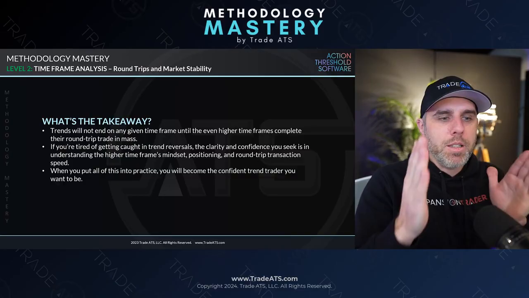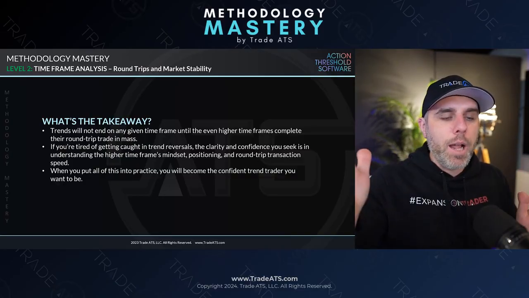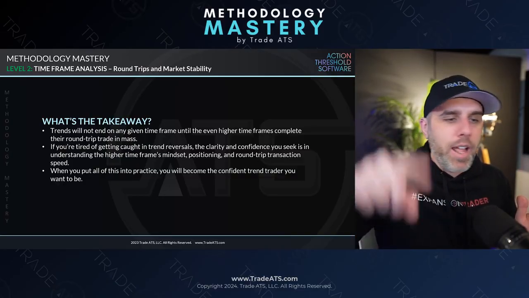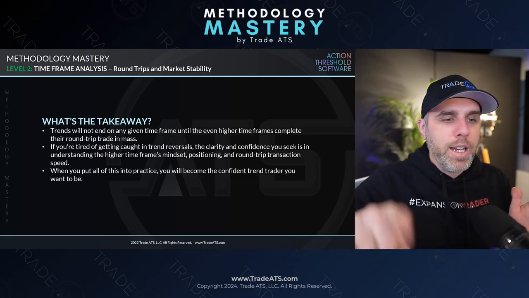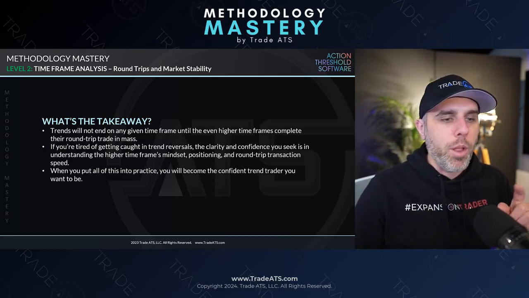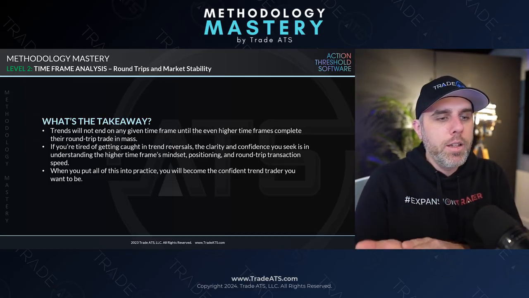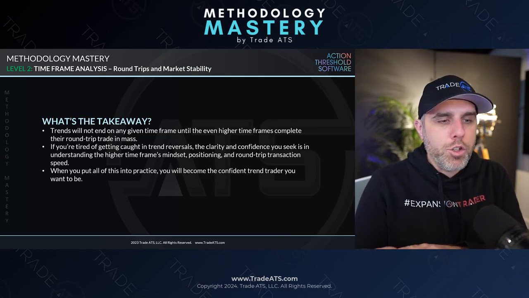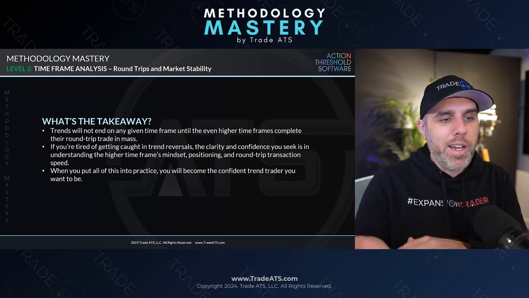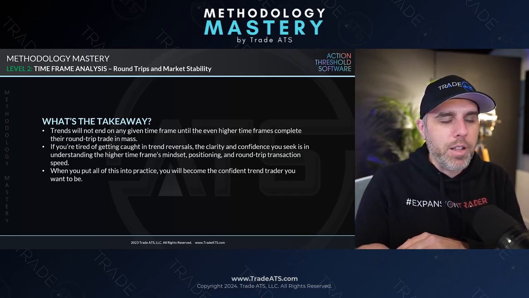We want to be in the midst of the round trip on the higher time frames, because then we're taking advantage of all the people trading against that higher time frame flow of money, that higher time frame round trip that's intact still. And then we know that we can do a quick trade in the way a trade is supposed to be done, which is liquidity to get in, liquidity to get out. That's where we look at fair market value.